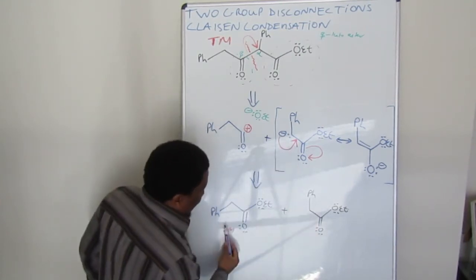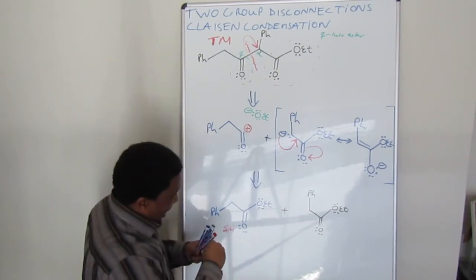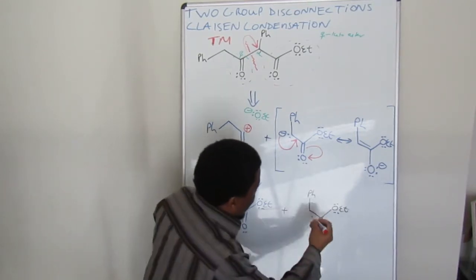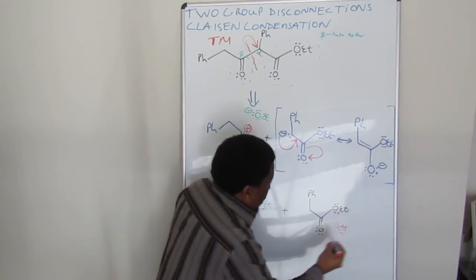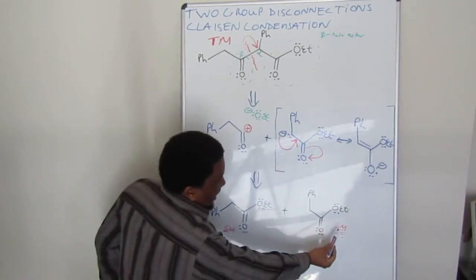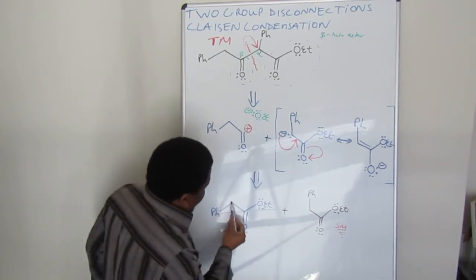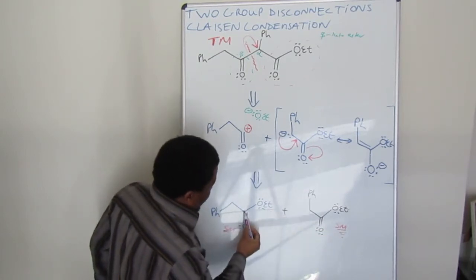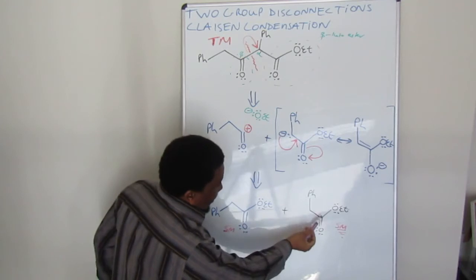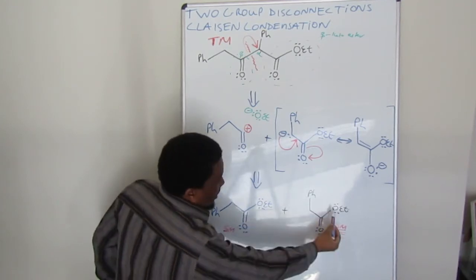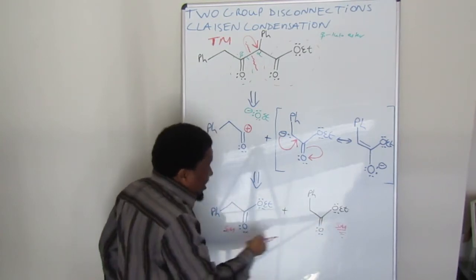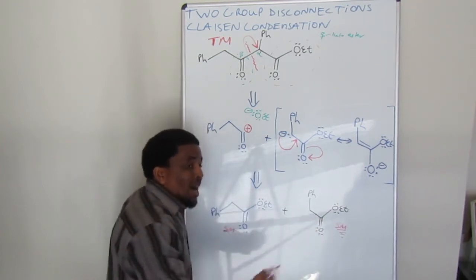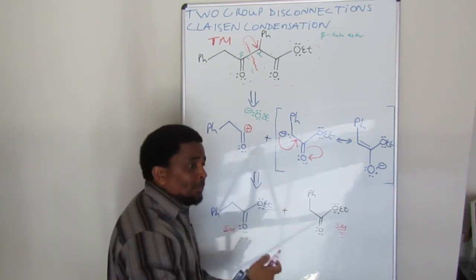So we end up with these two ester molecules. This is my starting material and that is my starting material. Ph CH2, C double bond O, and then OEt. This also was my starting material. So I ended up with two esters as my starting materials.